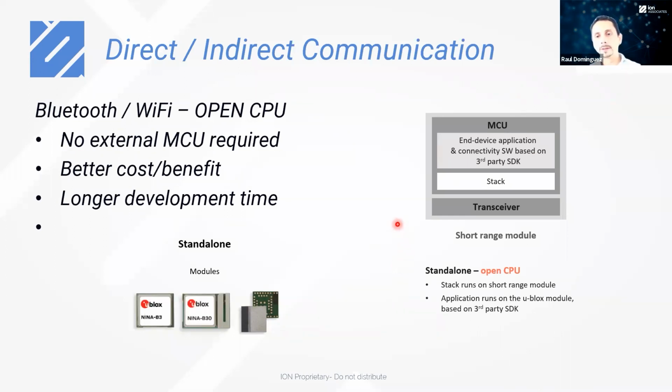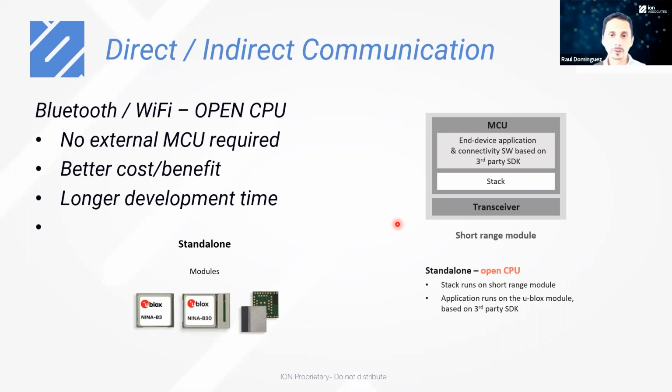If you want to save some dollars, we have the Bluetooth Wi-Fi Open CPU. The benefit: no external microcontroller required, so you save that portion. There's a very good cost benefit there, but you need a longer development time because the microcontroller inside the module is ready to be programmed.